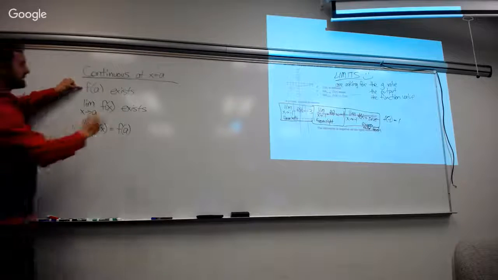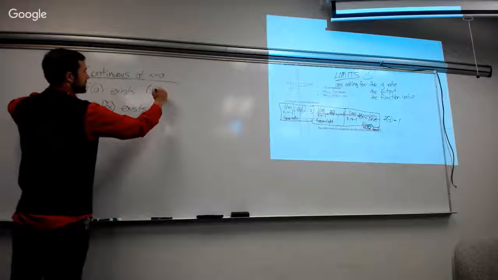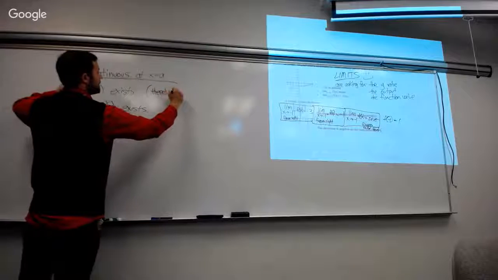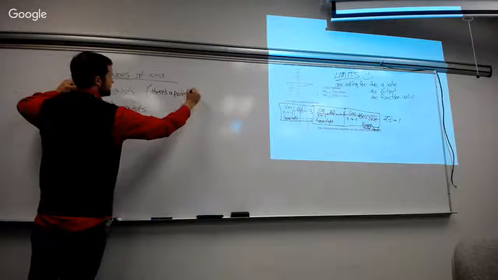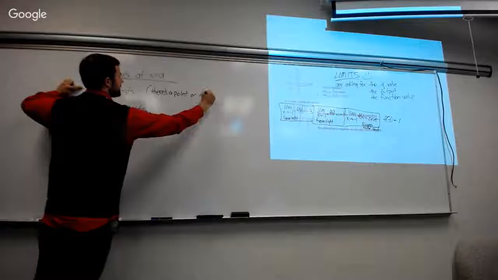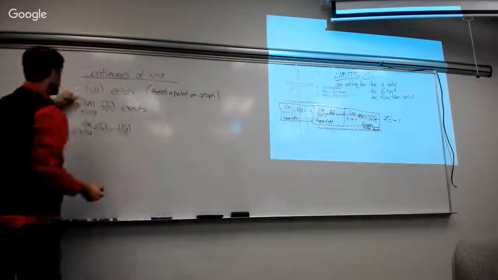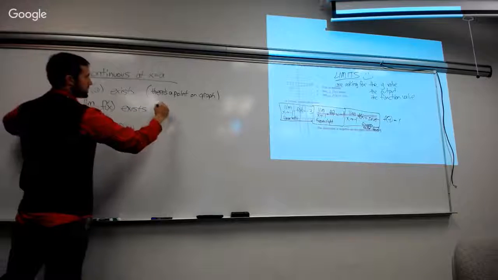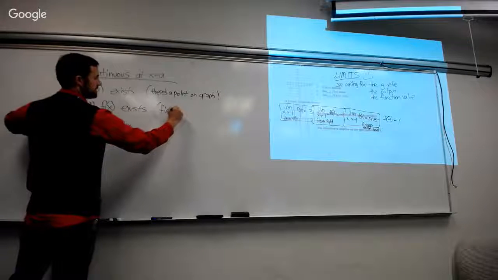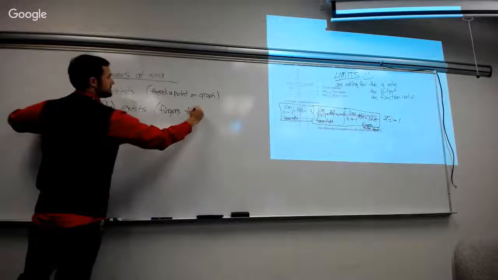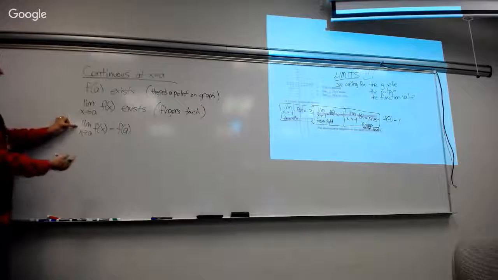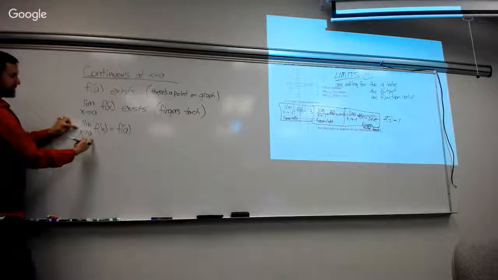So f of a exists means there's a point on the graph at x equals a. And the limit exists, meaning your fingers approach each other, or your fingers touch. And the point on the graph is actually where your fingers touch.